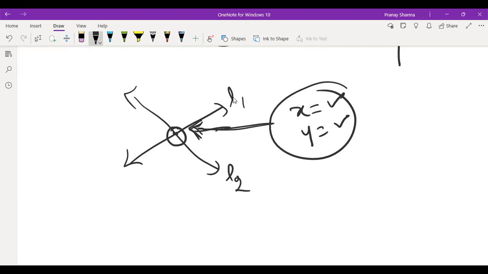Fine. But suppose we have coincident lines, right? So they are one over the other. That means we have multiple points, people. And if we have multiple points, that means solutions are many. Then, according to the methods that we'll be discussing in the next few minutes, we will be calculating only one particular set for x and y for which this comes out to be true.